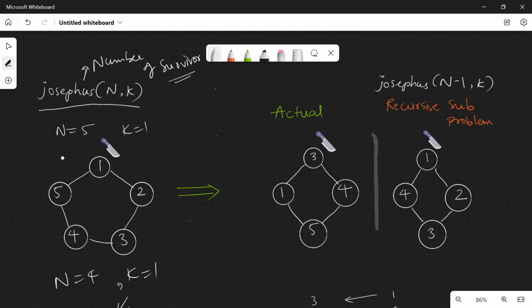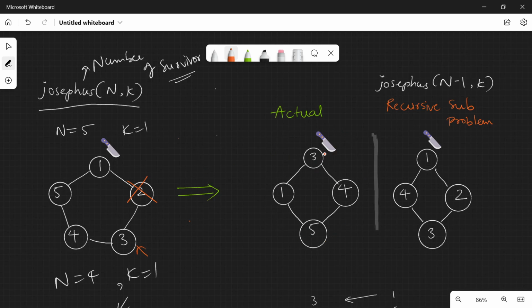Now we are given this problem with n is equal to 5 and k is equal to 1. The knife is with soldier 1. Soldier 1 kills the second soldier as k is 1 and passes on the knife to the third soldier, right? So how will the problem look? It will look something like this.